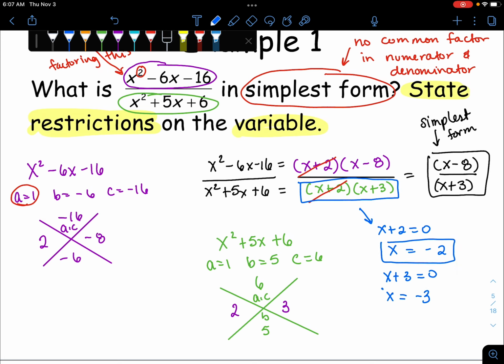Meaning my restrictions are x equals negative 2, x equals negative 3, so that means x cannot be negative 2, x cannot be negative 3, because the denominator would equal 0. But in math, for fractions, the denominator can never be 0 because it will be undefined. If you try putting a fraction on your calculator with 0 in the denominator, you will get an error. So these are my restrictions.